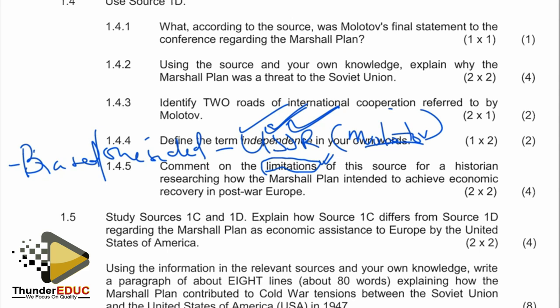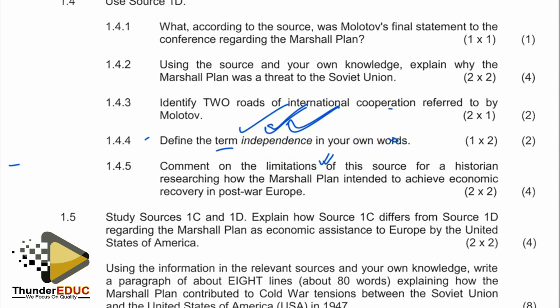Then we can also check on this source. Right. It has also some elements of emotive language. We can argue that the source has some element of emotive language or strongly negative language. The way Molotov was criticizing the Marshall Plan is too extreme. It's too extreme when it shows complete rejection and hatred against the plan.